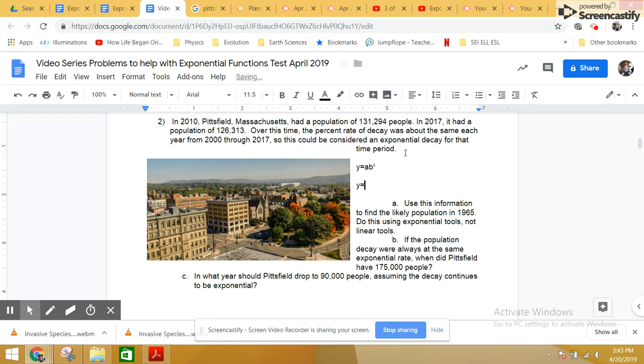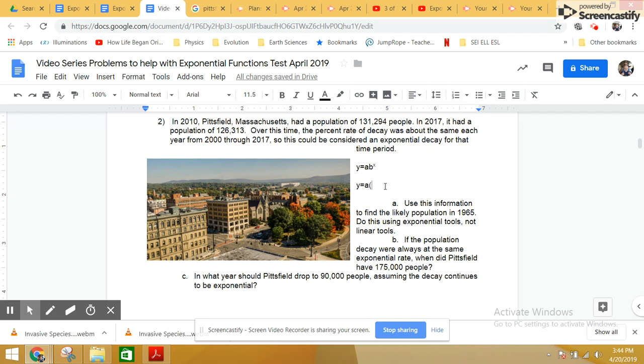So we say y equals our initial value a times, and now our base is going to be based on what we multiply our 2010 population by to get our 2017 population. The best way to do that is to multiply by our future population divided by our older population, because it'll cancel out our older population and leave our future population alone.